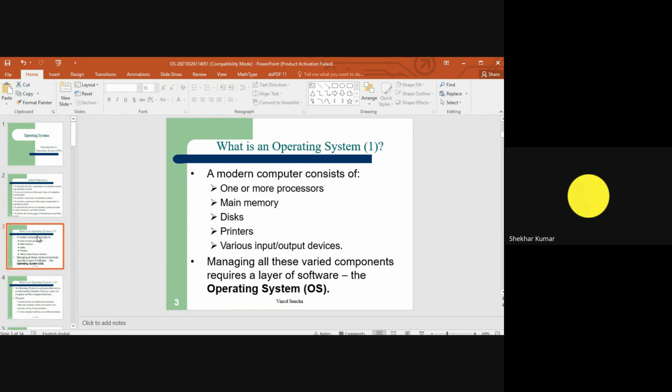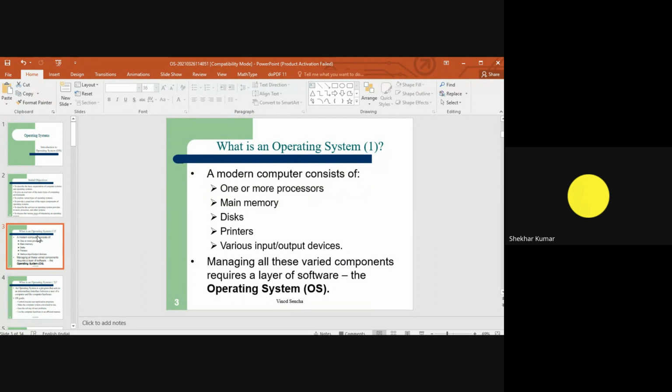There is no type of system which doesn't have an operating system. In a system, there may be one or more operating systems, but every computer system must have at least one operating system to run other programs.